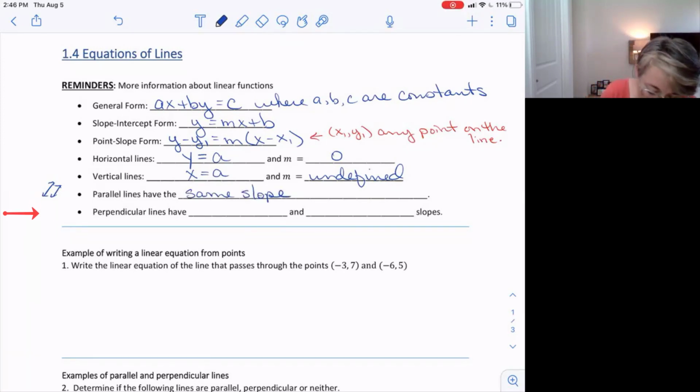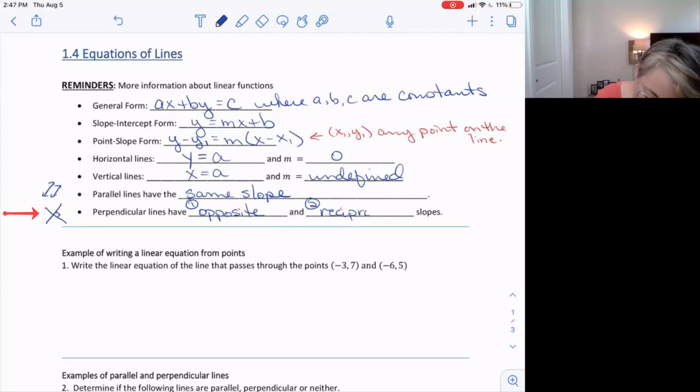Perpendicular lines cross, but they cross making a 90-degree or a right angle. Okay, so a lot of lines cross, but they have to make particularly 90 degrees. In order for them to do that, there are 2 criteria for their slopes. They have to have, first of all, opposite slopes, in other words, opposite signs.